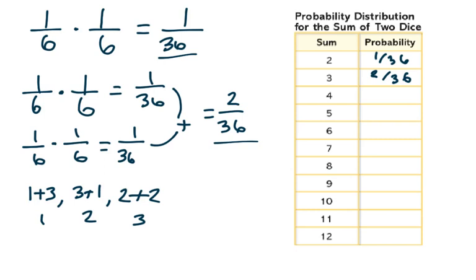So this is going to be 3 out of 36, etc. And this would go on and on. Once I fill this entire thing up, that would be my probability distribution, displaying all possible outcomes for a random situation.